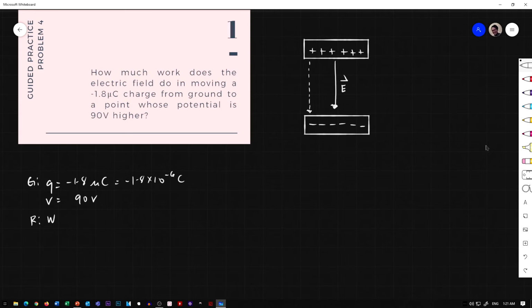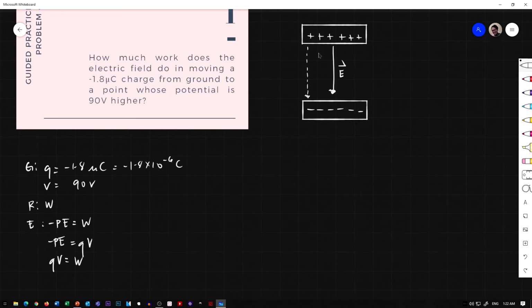For our equation, since negative potential energy is equal to work, you can just replace it, then we have negative PE equal to QV, which can also be written as QV is equal to W. Since you will be having both the negative sign, that will be fine.